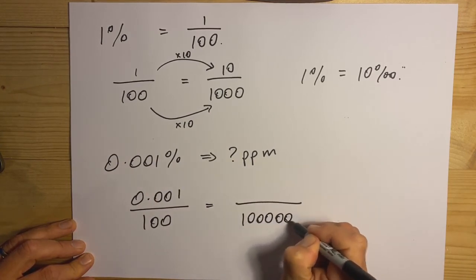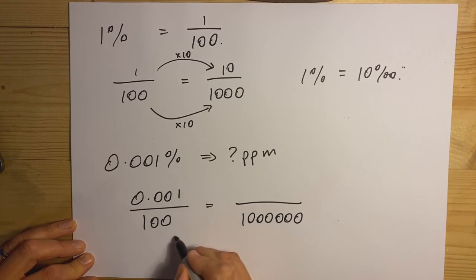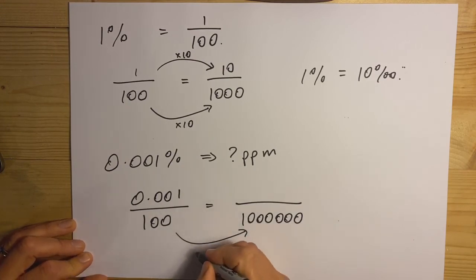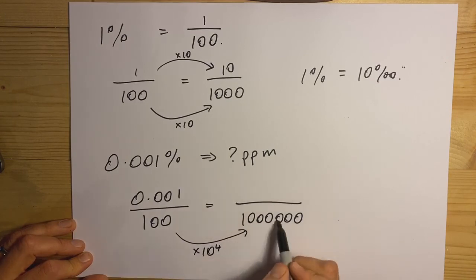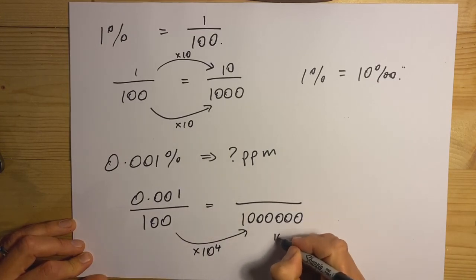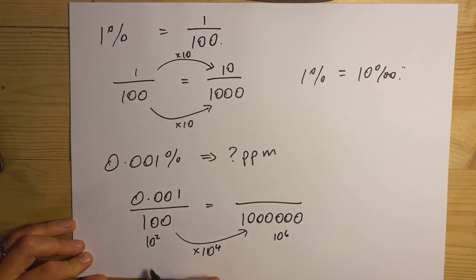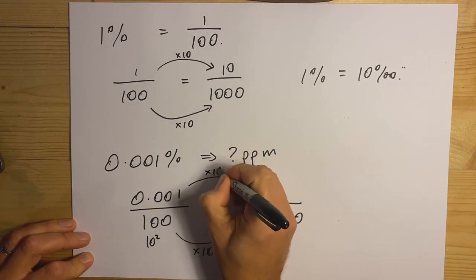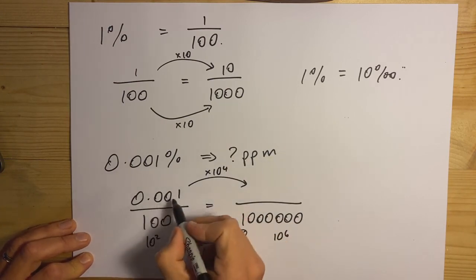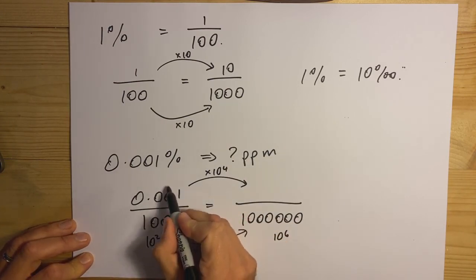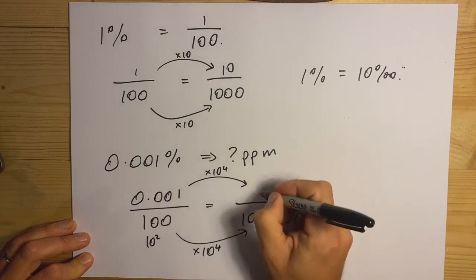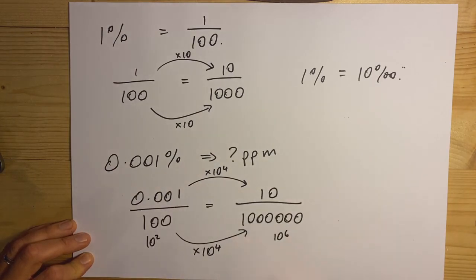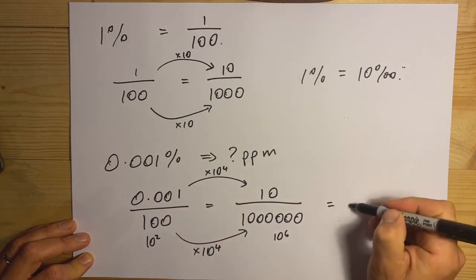A million has 6 zeros, so we have to multiply 100 by 10 to the 4 to get to a million, which is 10 to the 6. 10 squared times 10 to the 4, remember our powers, 2 plus 4 equals 6. So we multiply the bottom by 10,000, and therefore we have to do the same to the top, times 10 to the 4. Multiplying by 10 four times, we're left with 10. So 0.001% is the same as 10 parts per million.